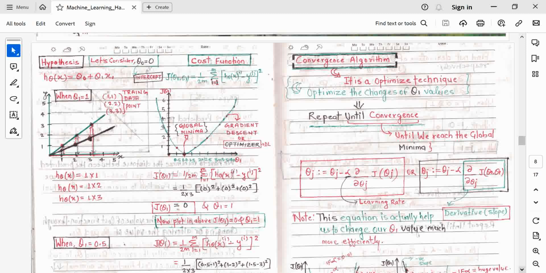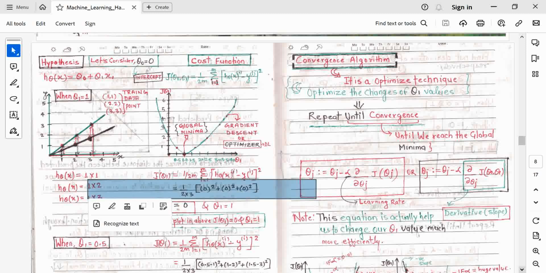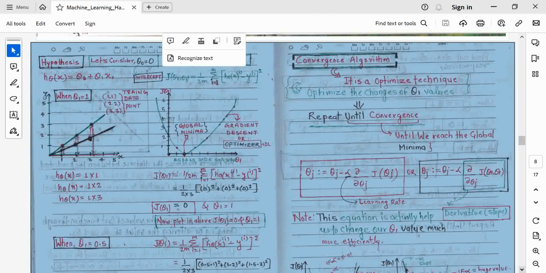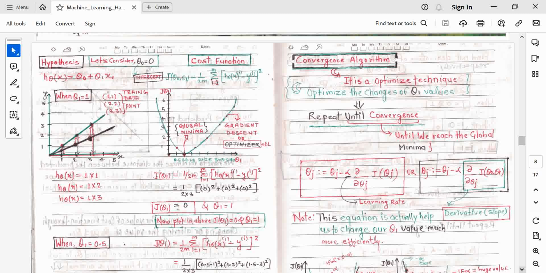If we calculate these values, h theta of x equal to 1 into 2, and so on. And before using the cost function formula, let's consider theta 0 equal to 0 to find these values. Cost function formula: J of theta 0, theta 1 equal to 1 by 2m summation i equal to 1 to m, h theta of x i minus y i, whole square.